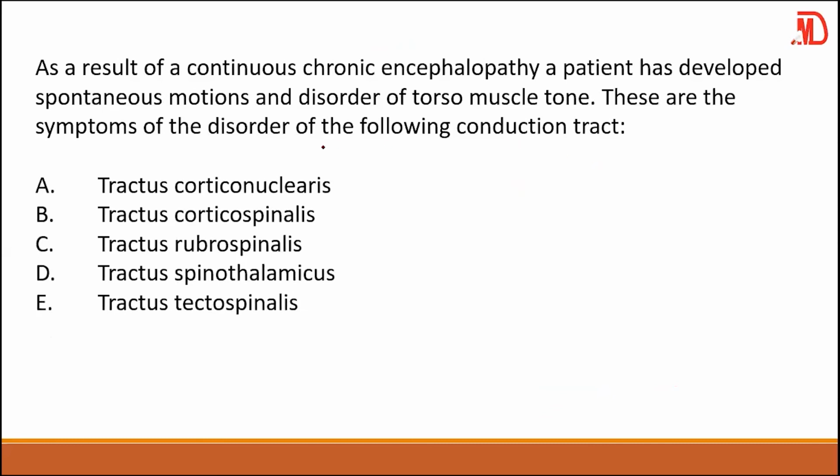Now, as a result of a continuous chronic encephalopathy, that means chronic brain disease, a patient has developed spontaneous motions and a disorder of the torso muscle tone. These are the symptoms of the disorder of the following conducting tract. So again, we want to look at what.